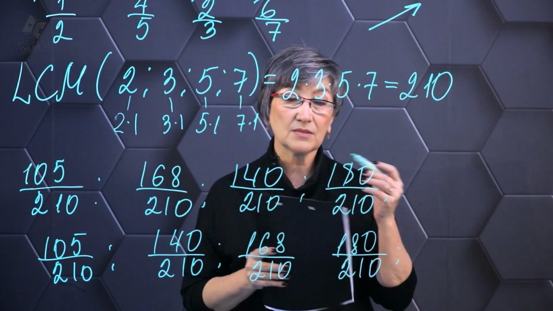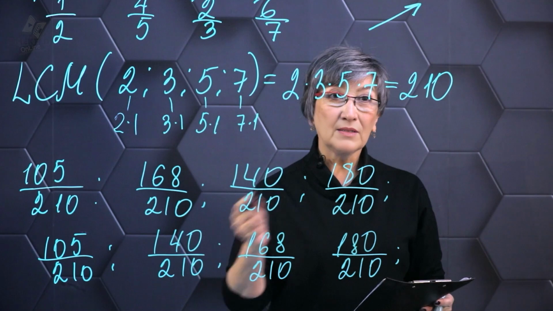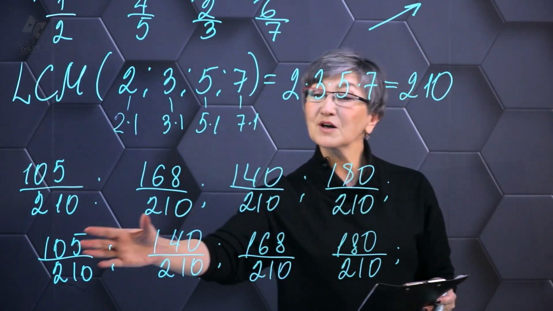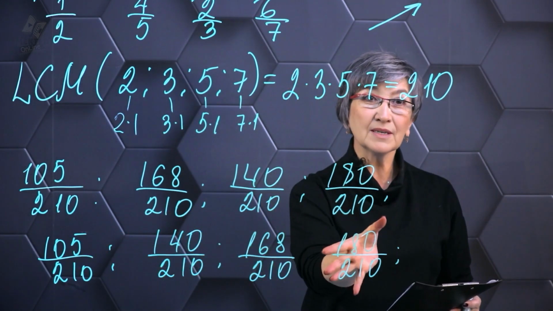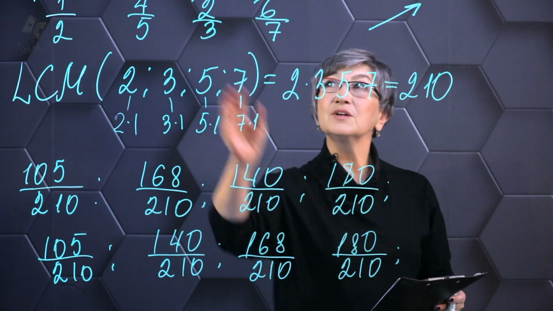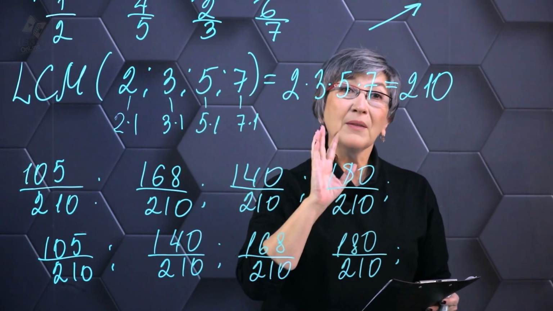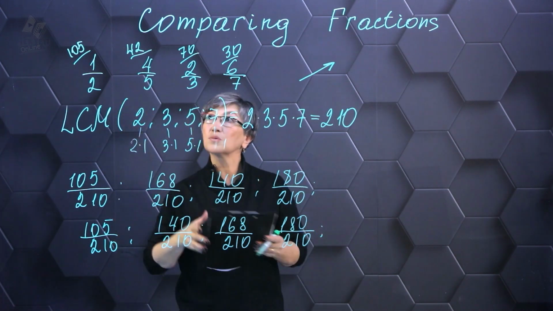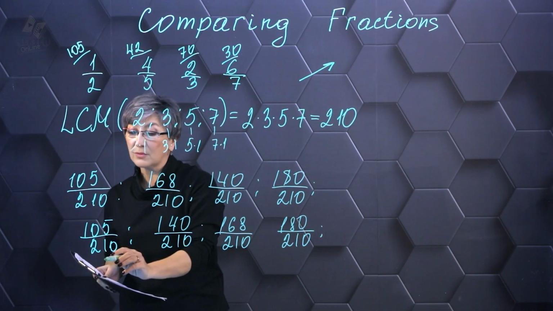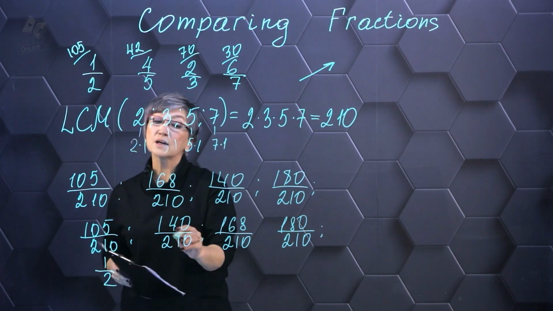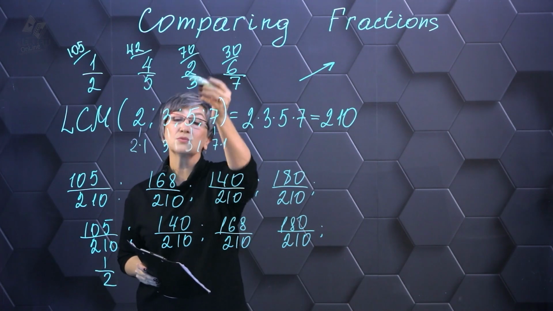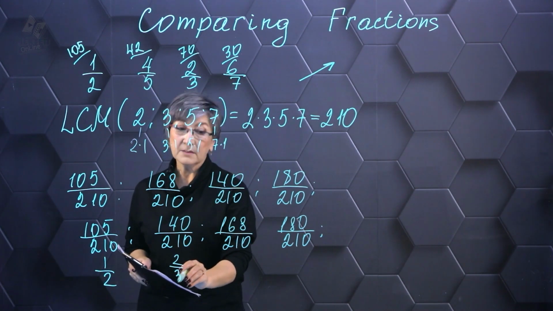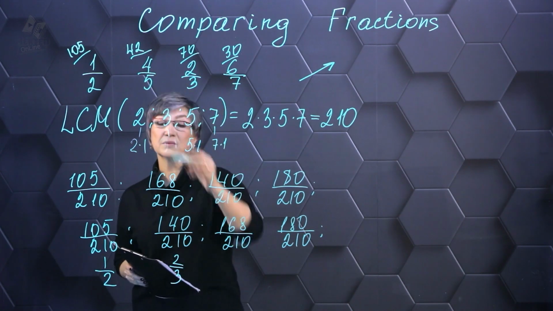Of course, you'll say it's very easy, but the thing is that in the answer you need to write down not the common denominator fractional numbers, but the original numbers. So when I put them in ascending order, I'll now write what the numbers were. So it was 1/2, and 140/210 was 2/3. And the next, 168/210, was 4/5.